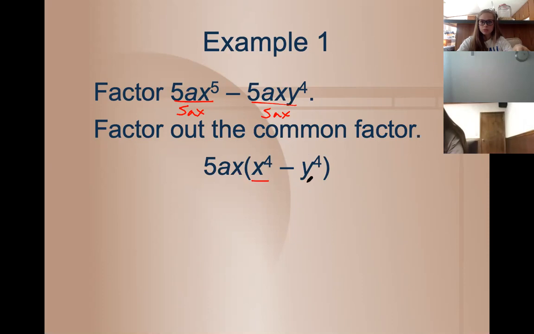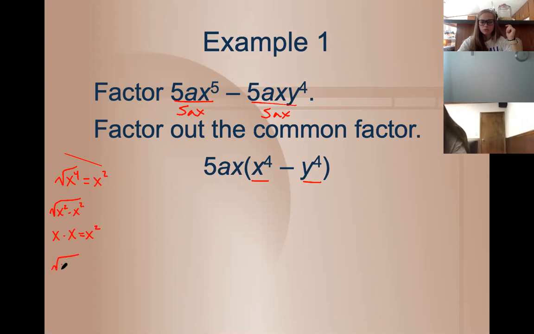Are x to the fourth and y to the fourth perfect squares? The square root of x to the fourth is the same as x squared times x squared. I can take the square root of x squared, that's x. So the square root of x to the fourth power is x squared.